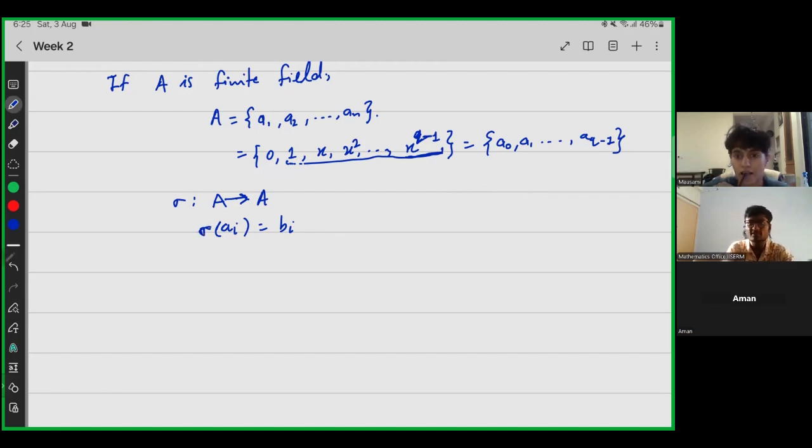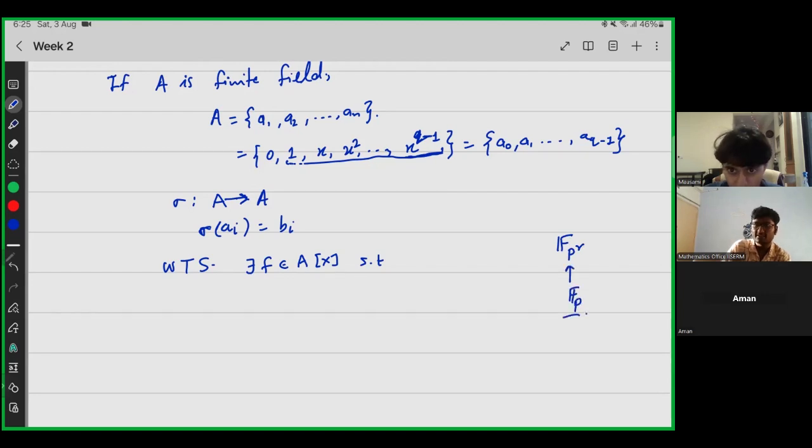So it is some function, and we want to see if it is coming from a polynomial. We want to see if there exists f in A[x] such that, f a polynomial, f of a_i is the same as sigma of a_i. Then sigma will be a polynomial function. The finite field is also a vector space with 0, 1, x squared, and so on up to the final power of x as generating set, over F_p, where the whole field is F_{p^r}, that is F_q.